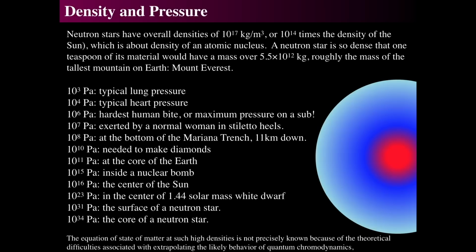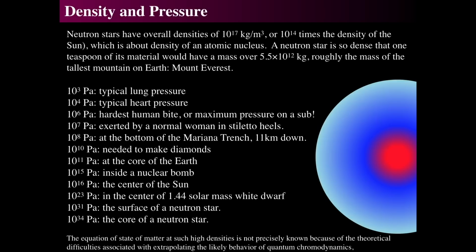It's 100,000 billion times the density of the center of the sun. Okay, that's what 10 to the 14th times the density of the sun means. Isn't that wild? That's just out of control, which is the same density as an atomic nucleus, roughly speaking.